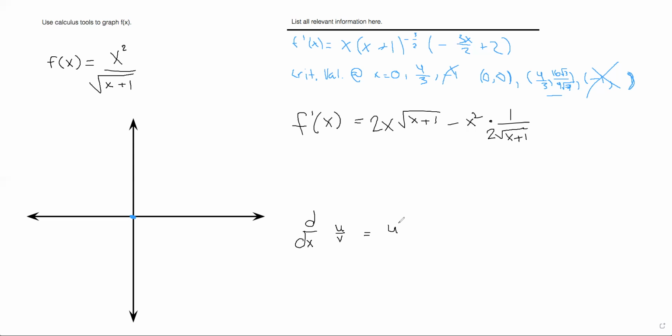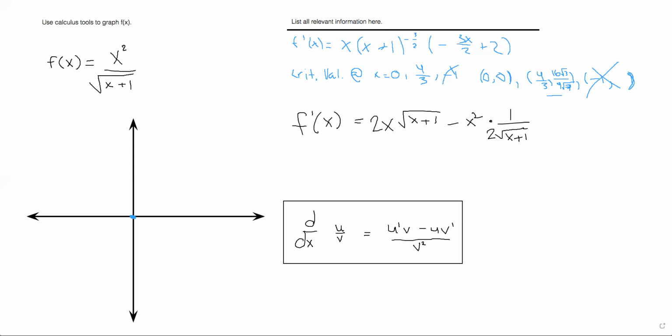So that would be u prime v, and then minus u v prime. For the product rule, it doesn't matter, but for the quotient rule, it definitely does matter because the quotient rule is not commutative, like the product rule is. Oh, sorry. I meant to make that v squared and not prime. So copy this down in your notes if you don't already have it, and we'll continue.